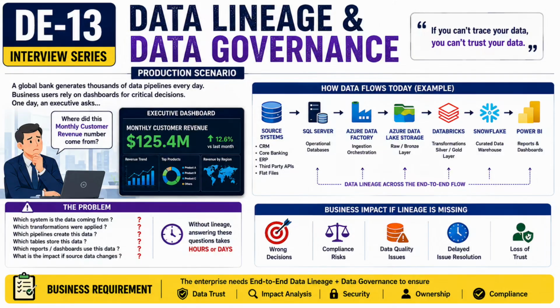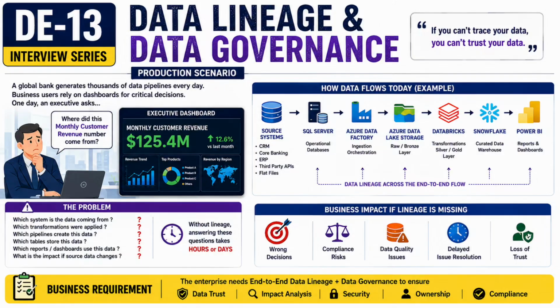For example, the data originally comes from the CRM system and core banking system. ADF extracts the data and moves it into Azure Data Lake. The raw data is stored in the bronze layer. Databricks performs cleaning, joins, aggregation, and business transformations. The curated customer revenue dataset is then loaded into Snowflake.